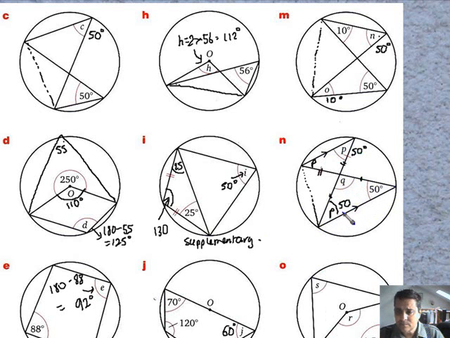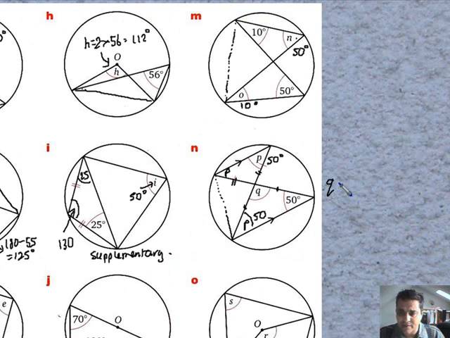So I've got 50 and 50 is 100, therefore Q, I'll write it over here, so Q is going to be 180, take away the 100. Let's just take away the two 50s, just in case you misunderstand, and I'm left with Q is 80 degrees.